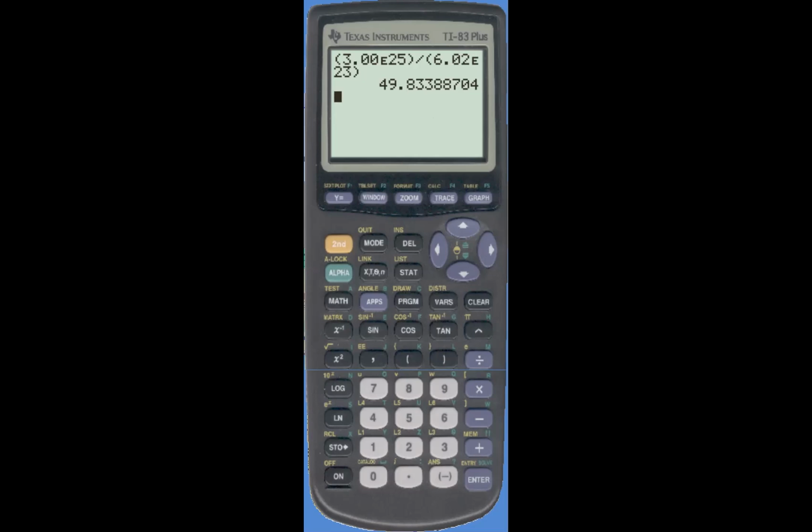And then I'm going to take that number of moles and I'm going to translate that into the second part of my solution and solve for my mass.